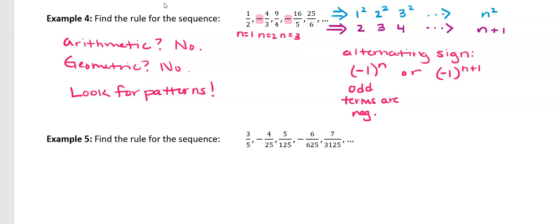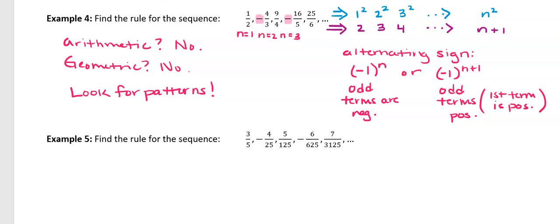And when you have negative 1 to the n plus 1, this would actually make your odd terms positive. So in other words, your first term. And many times you just look at your first term to determine it. So your first term is positive. Okay, so what is that telling us?